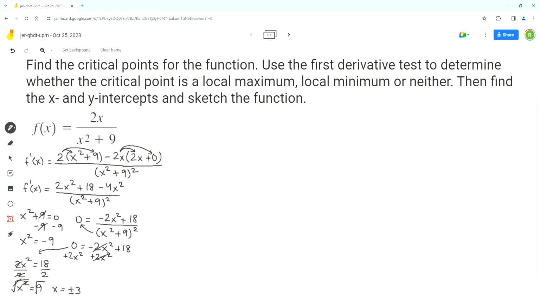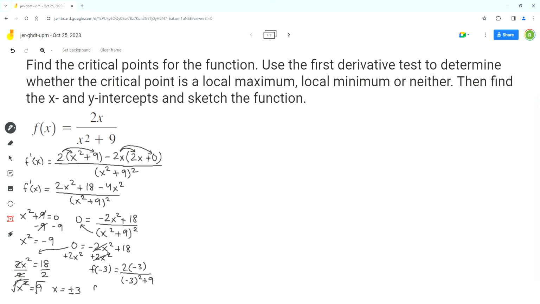Now we should substitute x as positive 3 and negative 3 in the given function f of x to find the y value, and then we will know the critical points. So let's start with x as negative 3. f of negative 3 will be equal to 2 times negative 3 over negative 3 squared plus 9.